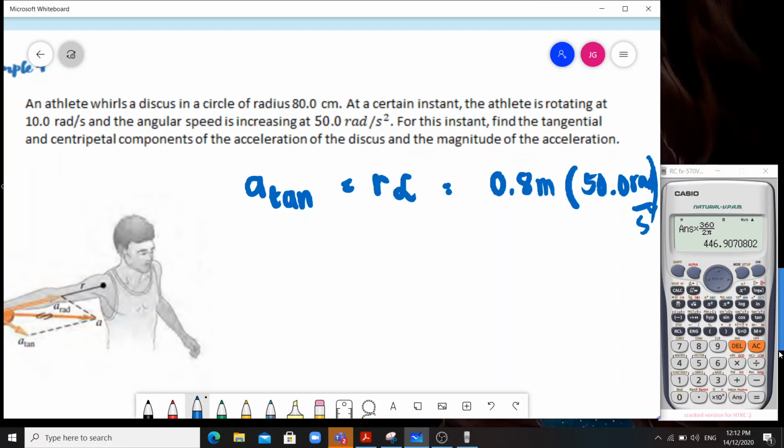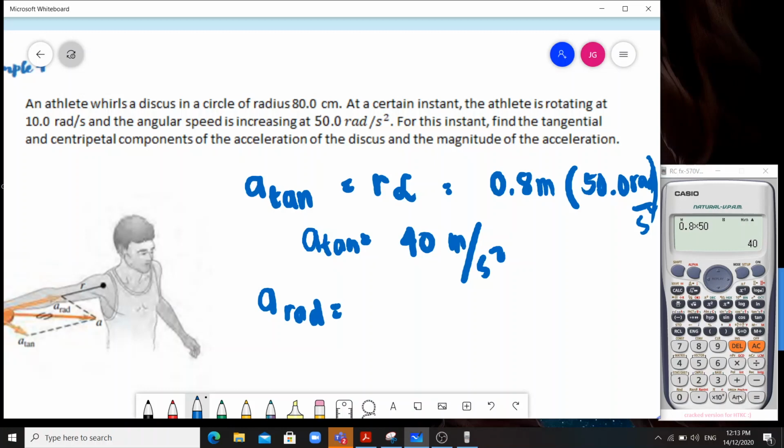So, 0.8 times 50 is equivalent to 40. So, our tangential acceleration is 40 meters per second squared. And then, a centripetal or radial, that is omega squared r.